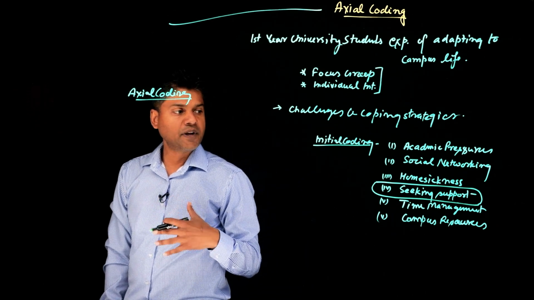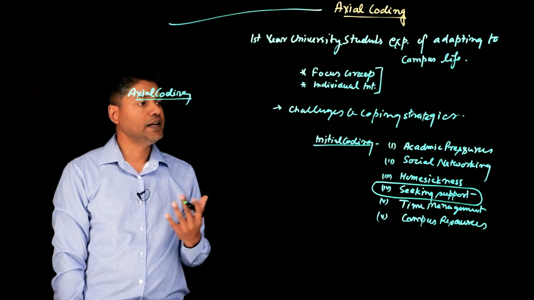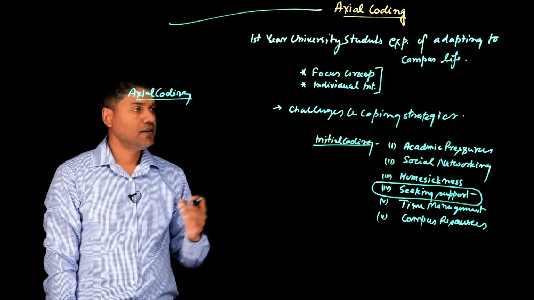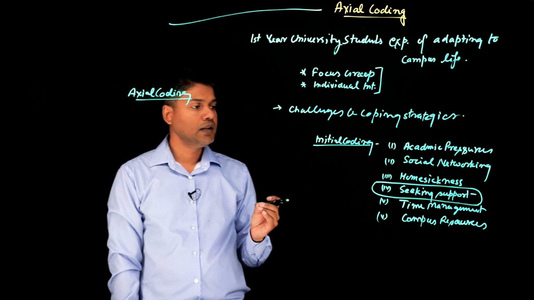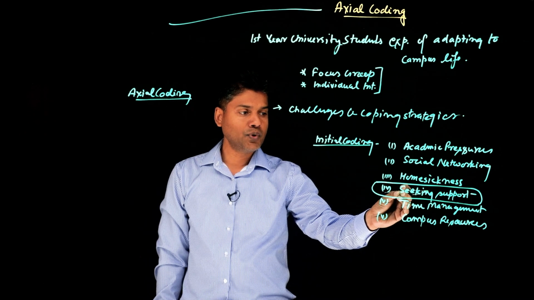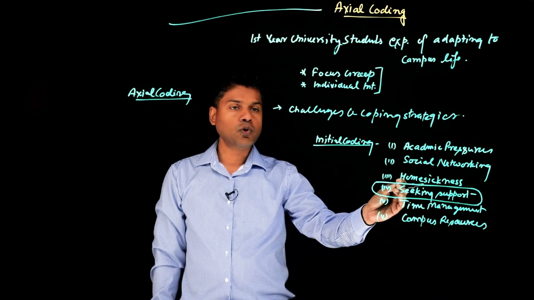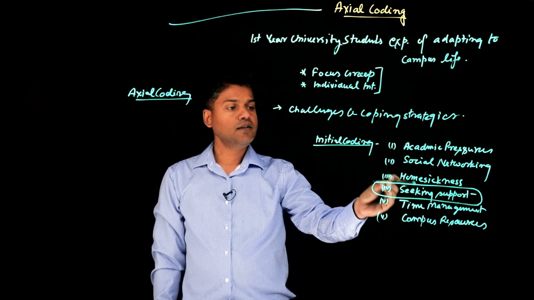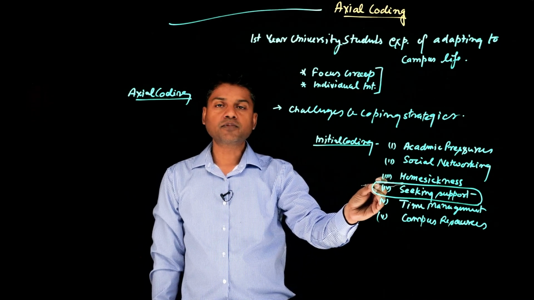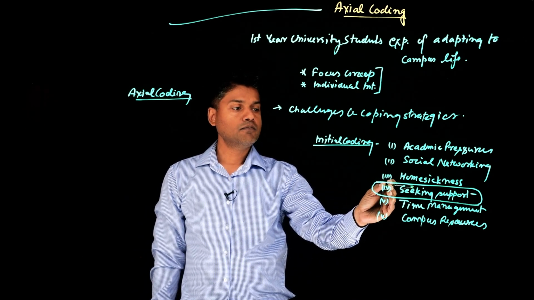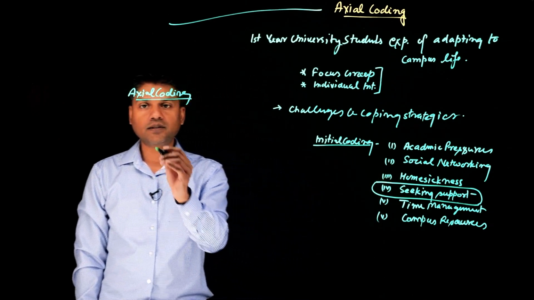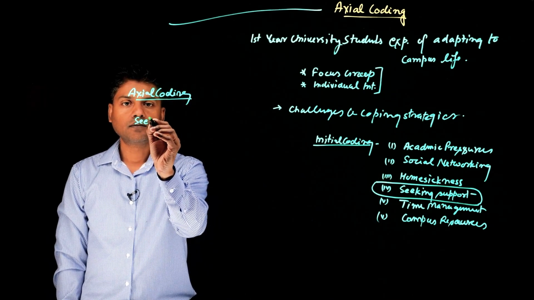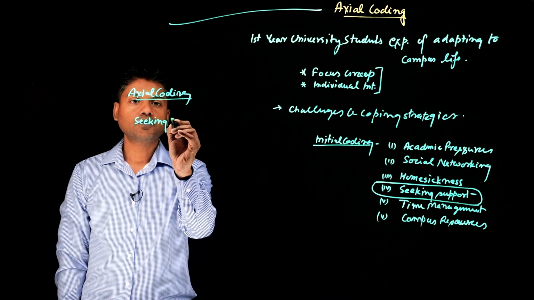Based on my experience analyzing the data, interviewing, and going through the whole process, I feel that this code has more power in terms of playing the role of a key category, and then I can work on it in terms of understanding some subcategories within this key category. So let's say seeking support.